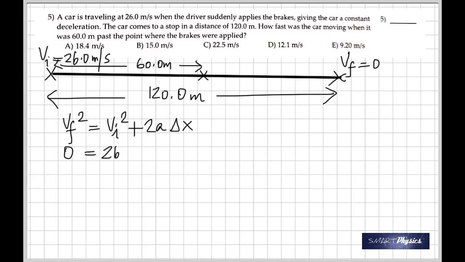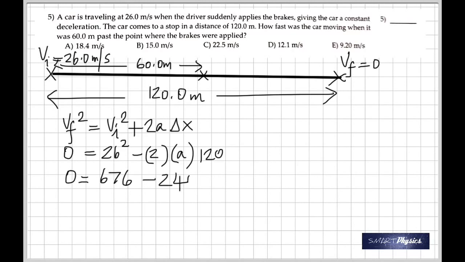Using Vf squared is Vi squared plus 2a delta x. And once you get this acceleration, you can use it in the second part.